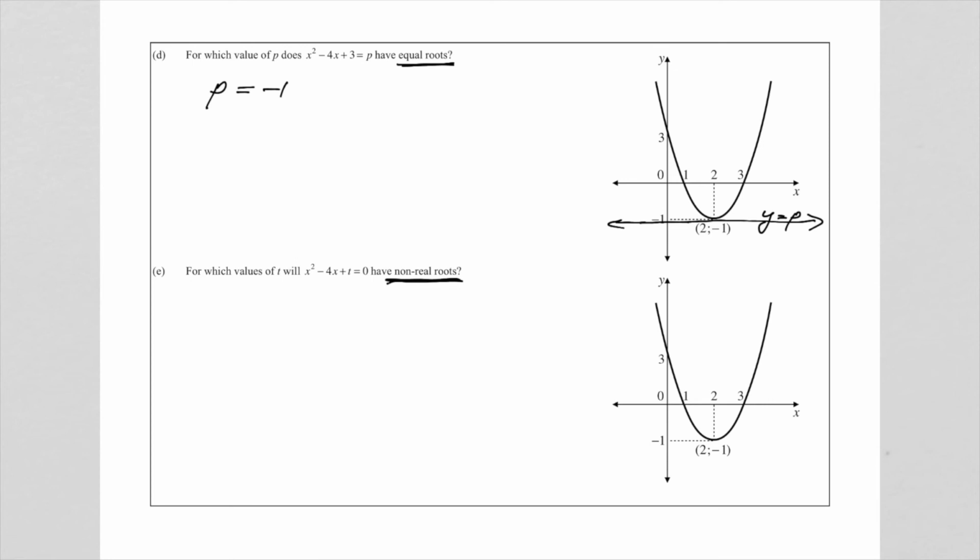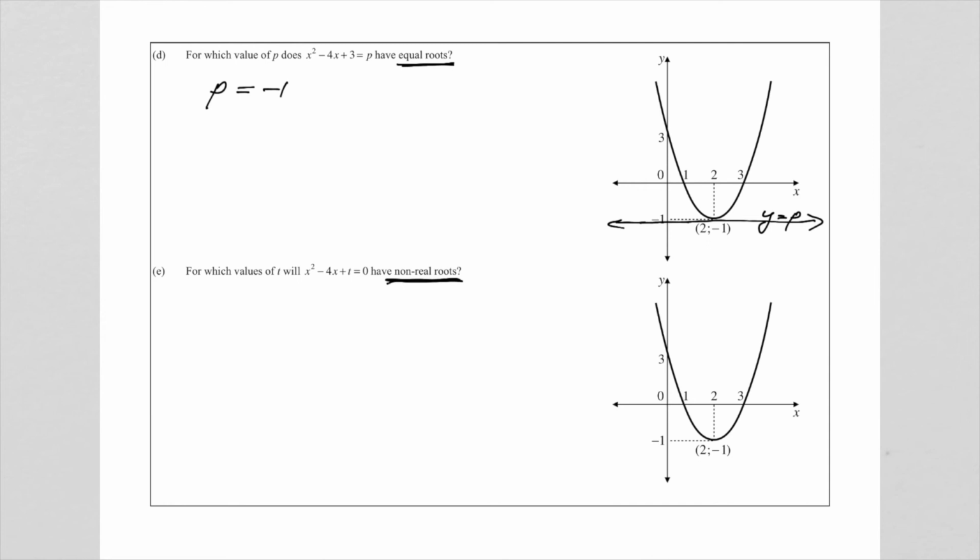So we already spoke about two distinct roots. Two distinct roots, that's when we draw the horizontal line above the turning point. One root or equal roots at the turning point. And now they ask us for non-real roots. And that is when we draw the line below the turning point.